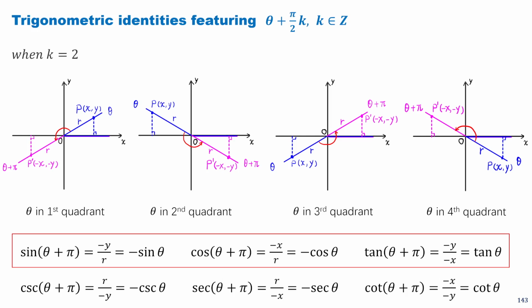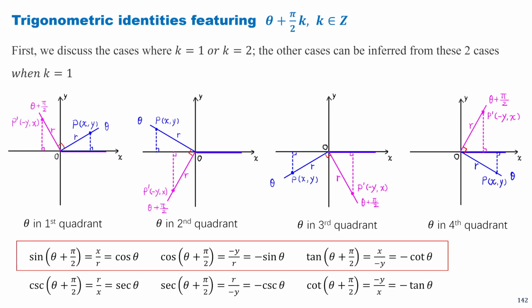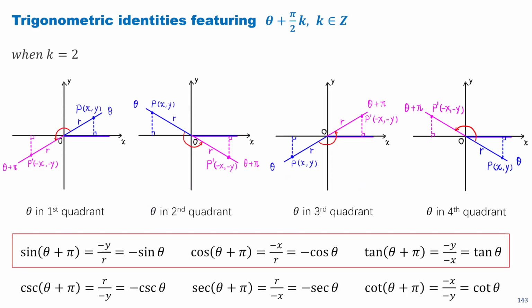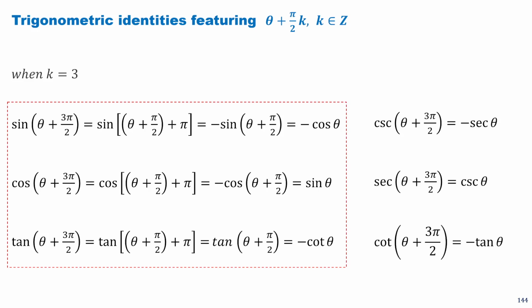Alright, so if you know the cases when k equals 1 or k equals 2, then it's not difficult to evaluate the cases where k equals 3, right? For example, if k equals 3, we have sine theta plus 3 pi over 2 equals, we can rewrite this to sine theta plus half pi plus another pi, right? So if you consider this an angle, for example, beta, then we know sine beta plus pi equals negative sine beta.